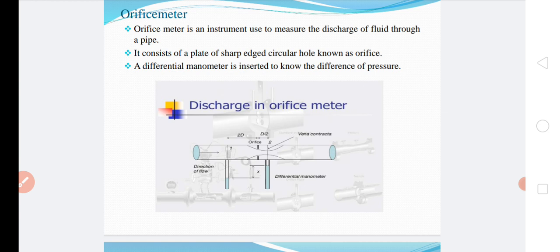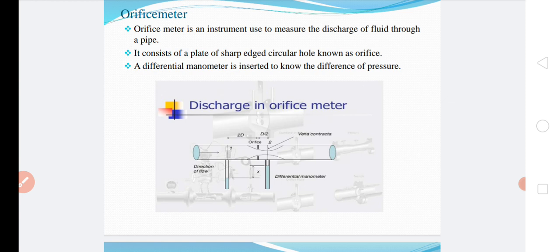The area at section 1 is A1 equals pi by 4 into d1 square, and A2 equals pi by 4 into d2 square, the cross sectional area at section 2. Similarly, the theoretical discharge QTH equals A2 V2, equals A2 into A1 upon root over A1 square minus A2 square into root 2GH.